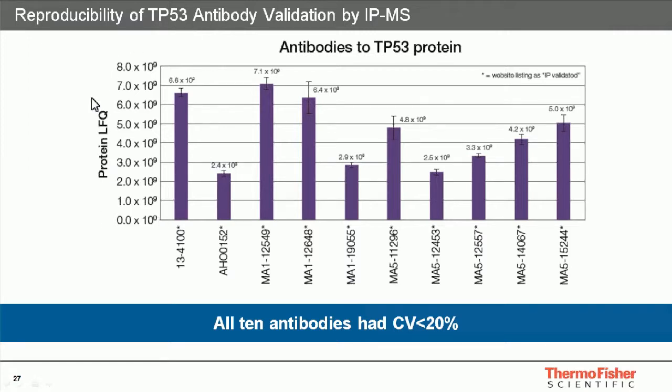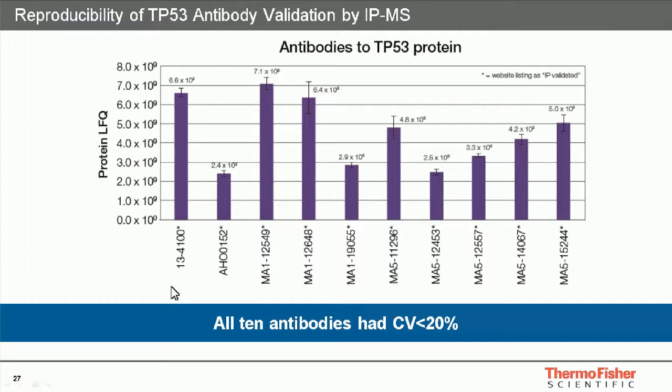The way we measure the protein abundance is by using the protein LFQ value. That gives you the relative protein abundance of all the peptides that you have identified for the TP53 protein, and it takes the sum of all those peptides and gives you a value as the protein LFQ value.